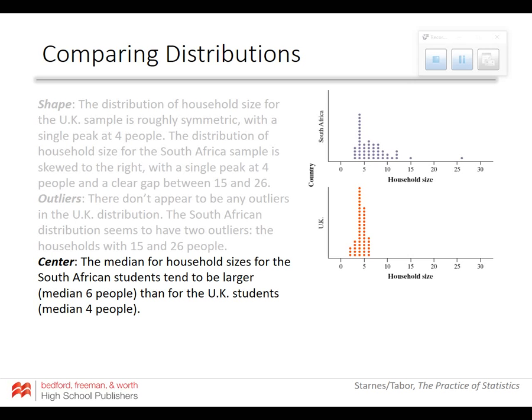So for complete AP credit, you could say median household size for South Africa is larger than that for the UK. You can shorten that. Notice though I still have context and I still have comparison language.